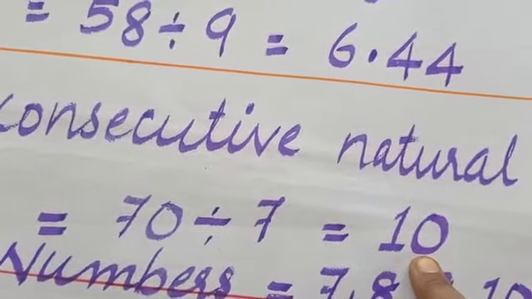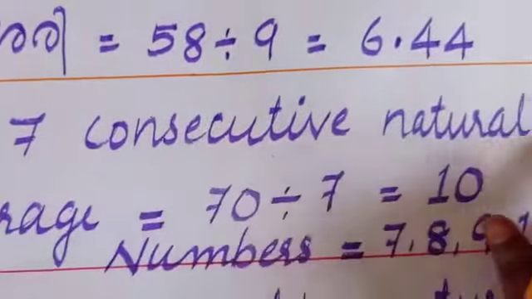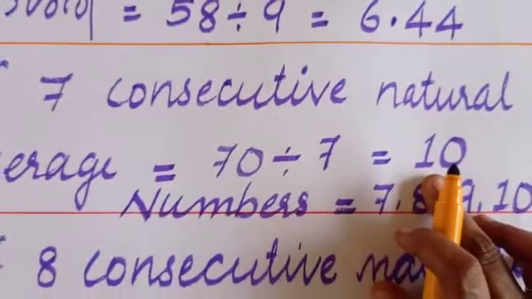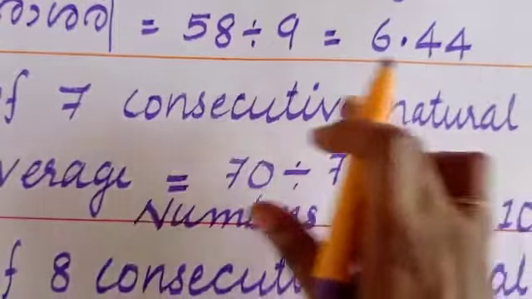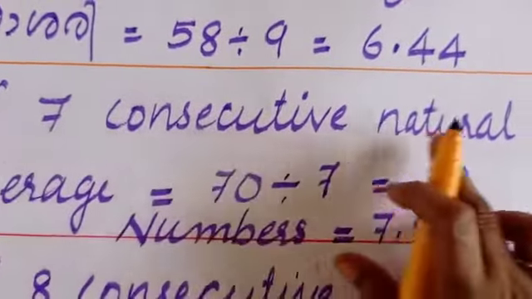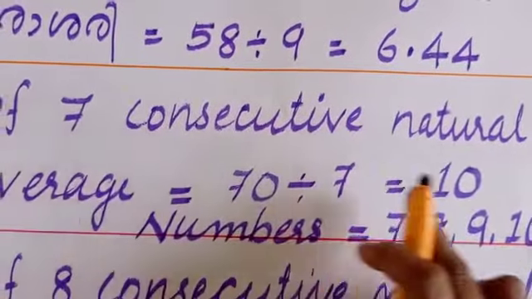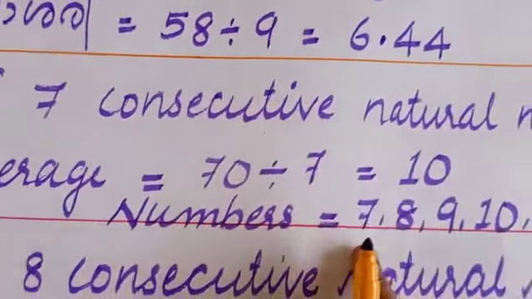10 is the average. In the question, there are 7 consecutive natural numbers. This 10 is the middle number of the 7 consecutive natural numbers. Total 7 numbers, 10 is the middle number. Then 10 is the fourth term.